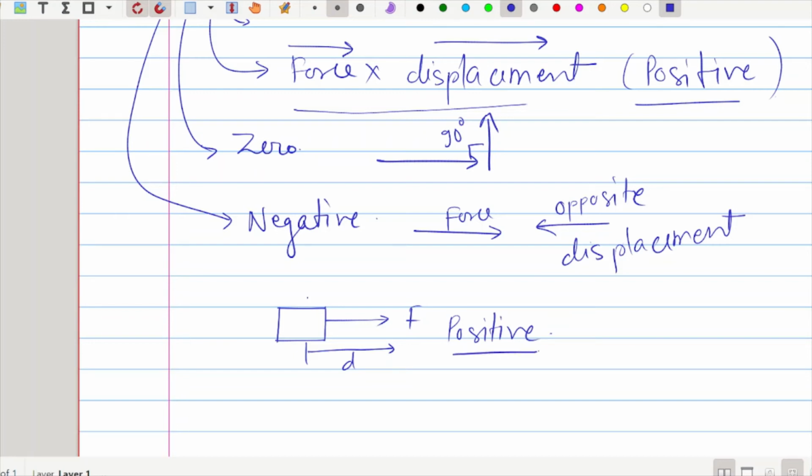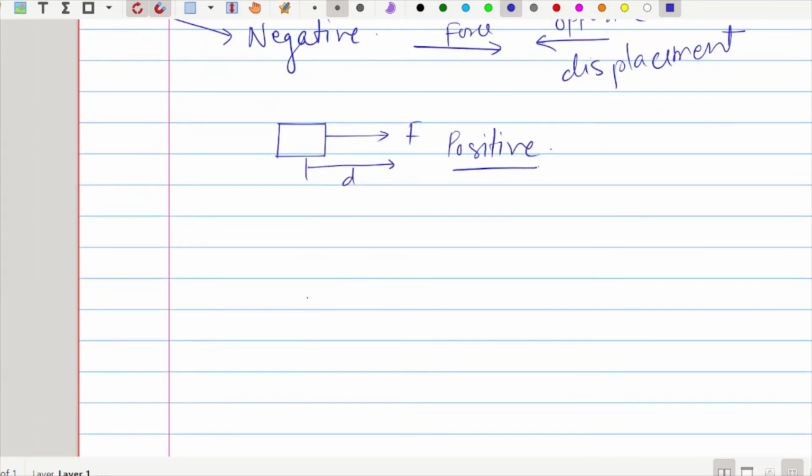The example of zero work is, let's say, a person holding a suitcase. This is the suitcase and the person is applying the force upward, but the person is moving the suitcase towards the right side.